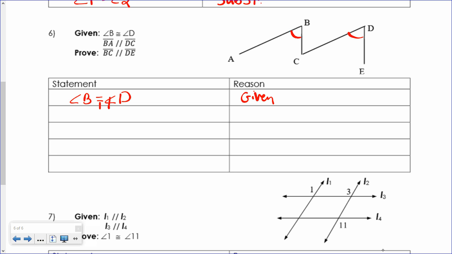Can't really do more with that, so I'm going to bring in the next given. Segment BA is parallel to segment DC. Alright, this is what we have.